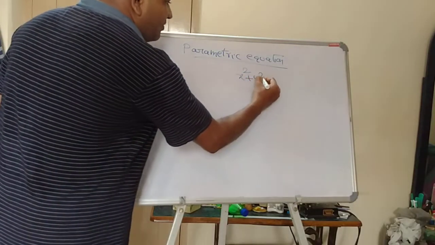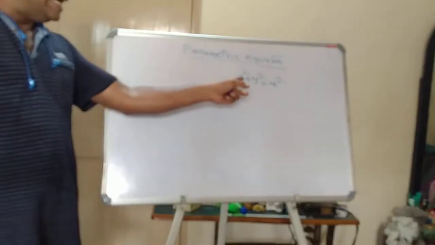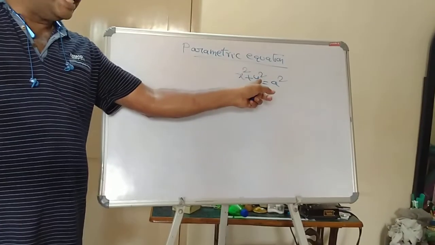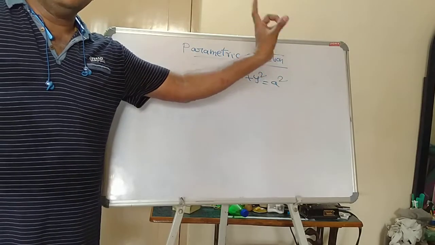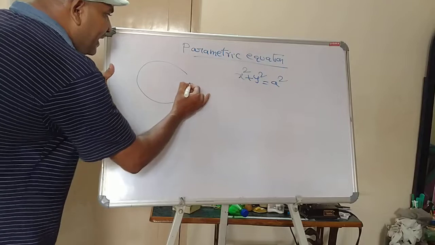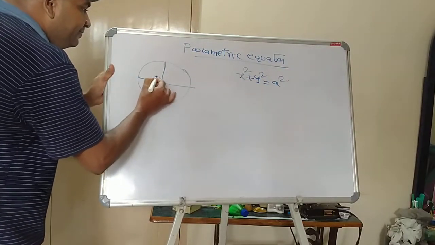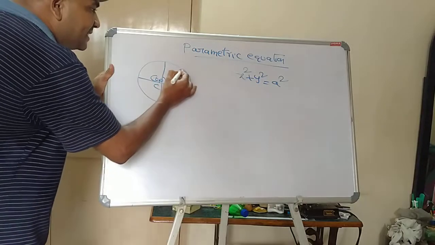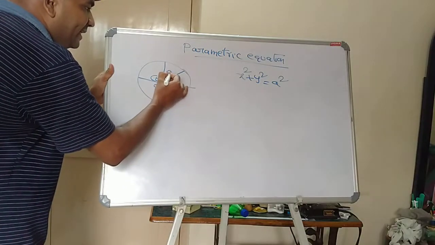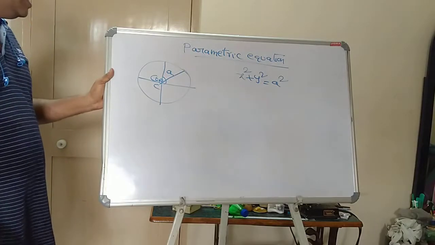The center of the circle is the origin and the radius equals a.